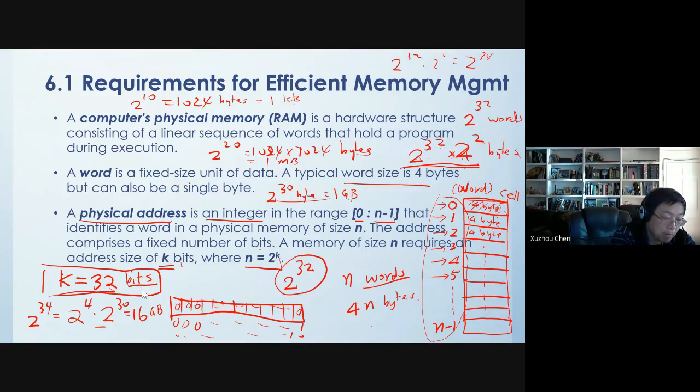Does it make sense? So that means if I use 32 bits for the memory space, the maximal memory size is actually 16 gigabytes, which is pretty big, right?